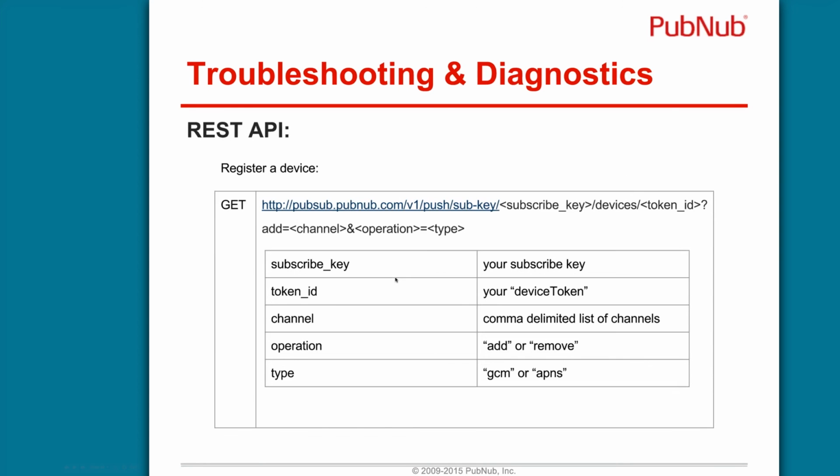The next diagnostic tool that we have, and I wouldn't quite call it a diagnostic tool, but it is there, is the REST API that we use behind the scenes to register and deregister devices.